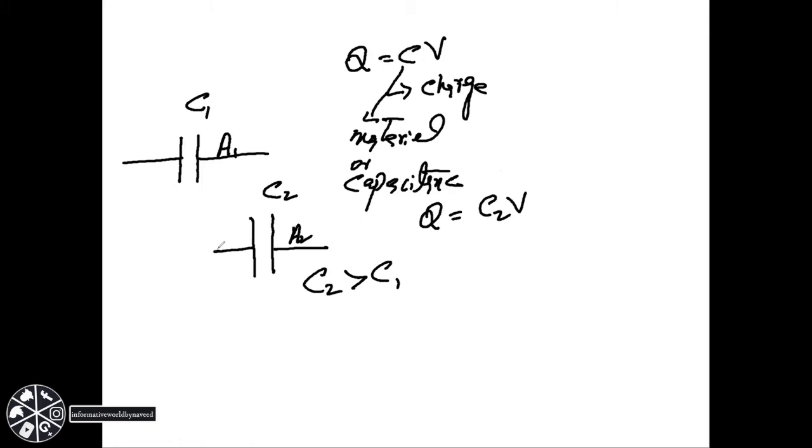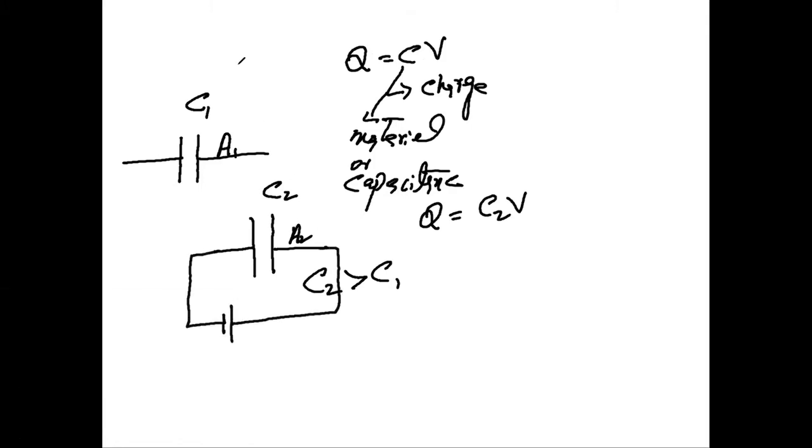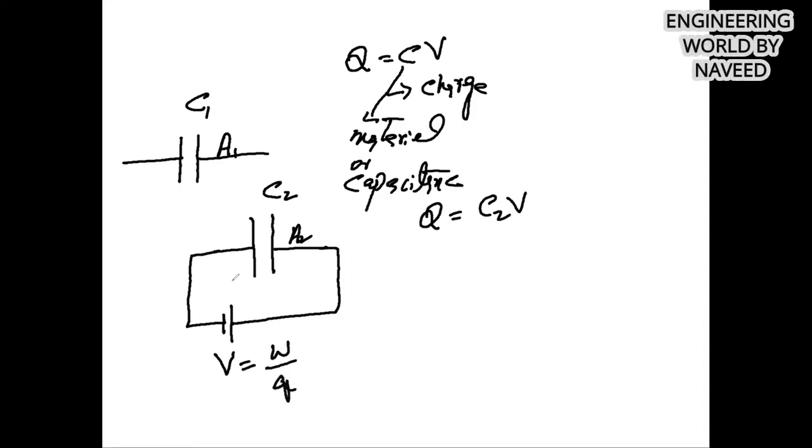So if I apply the potential across this capacitor, potential, we studied last time, the formula of potential is equal to work done per unit charge, per unit electron. So here we have lots of electrons and here we have lots of positive charge.